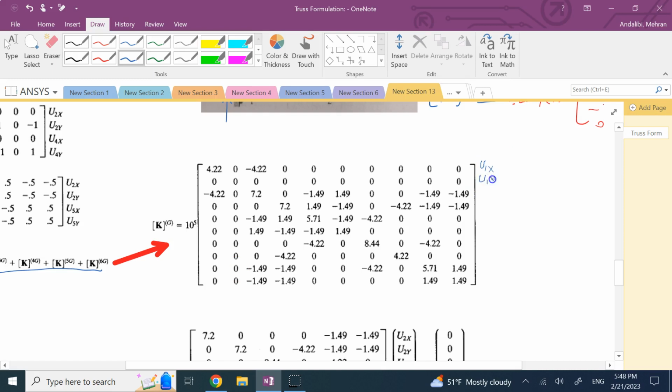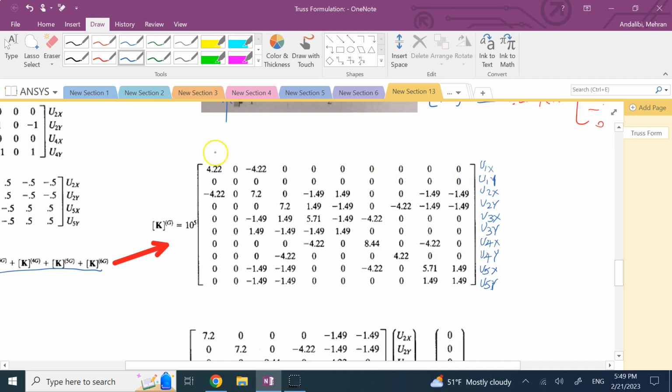U1x, U1y, then U2x, U2y, U3x, U3y, U4x, U4y, U5x, and U5y.